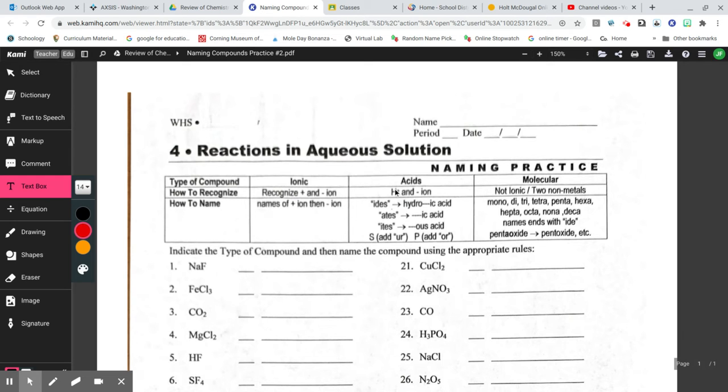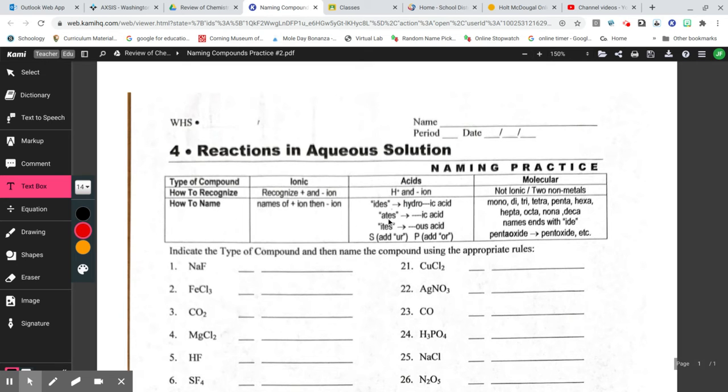So you'd have a hydrogen ion and then a negative ion. If the last part of the name ends in "ide," you're going to have hydro put in the front. You change the IDE to IC, and then you add acid.